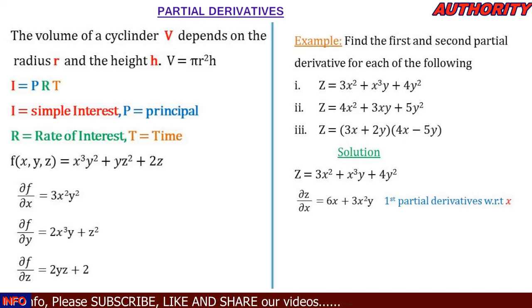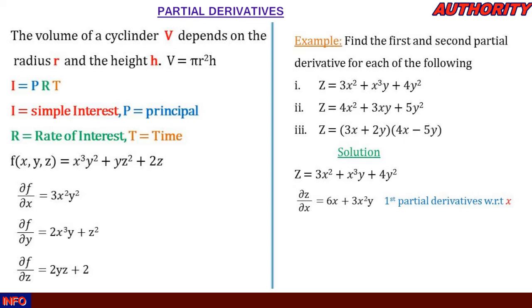You get it right? And then we have the partial derivative of z with respect to x. Now, this is the function we are having now. So, we go again and differentiate this function we have now partially with respect to x, and then go again and differentiate it partially with respect to y. You get it right? Yes.